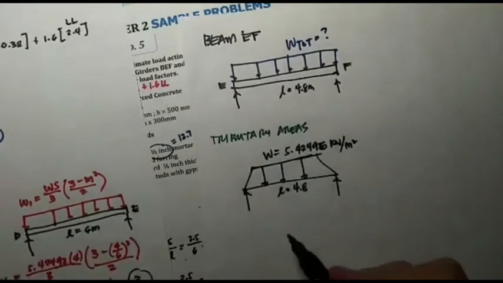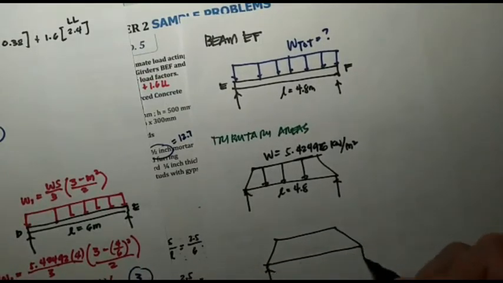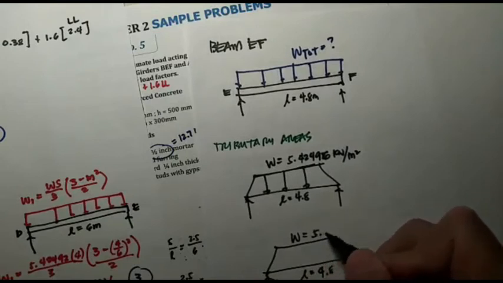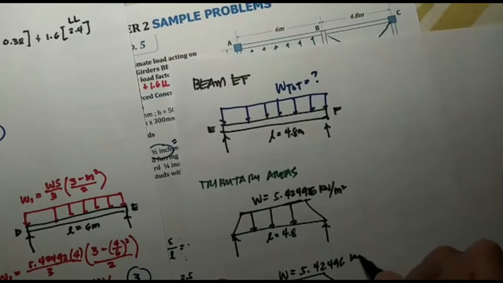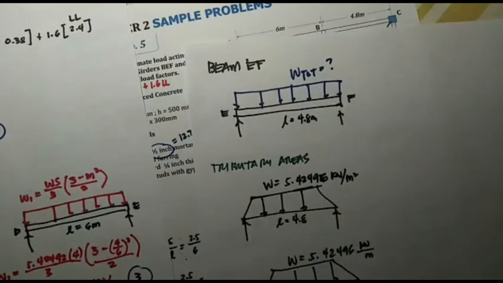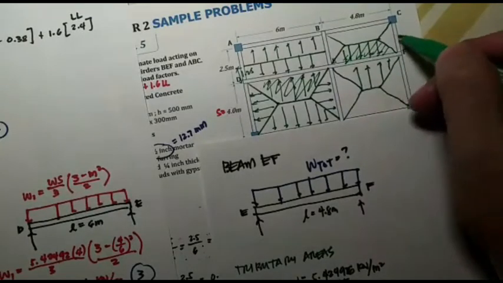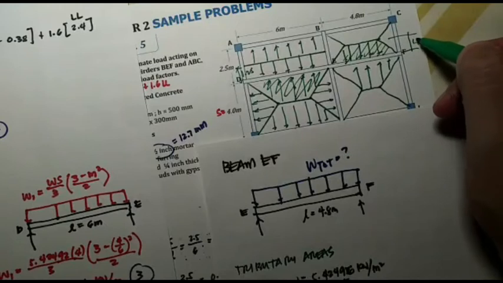Okay, tapos yung isa naman is trapezoid ulit. Okay, so ganun pa rin yung W. Okay, so ano yung pagkakaiba ng dalawang yan? Ang magkaiba lang is yung trapezoid dito sa taas, ito yung S over 2, which is 1.25.